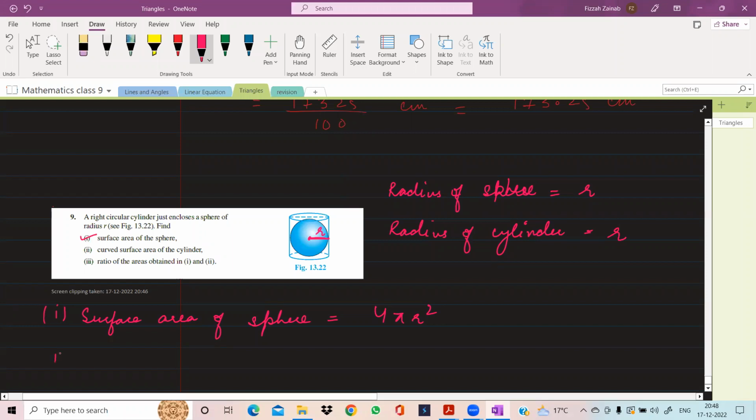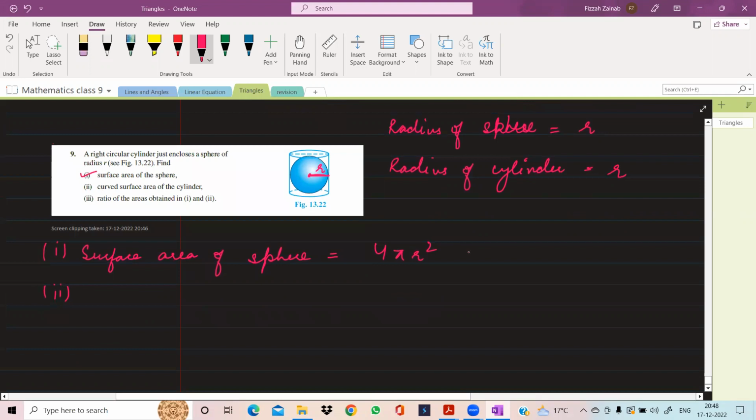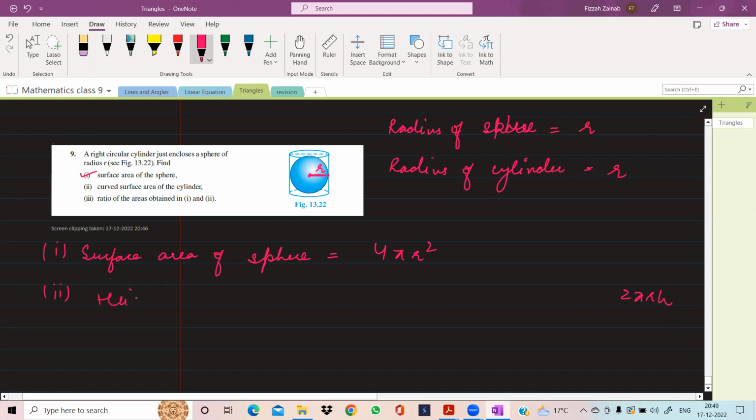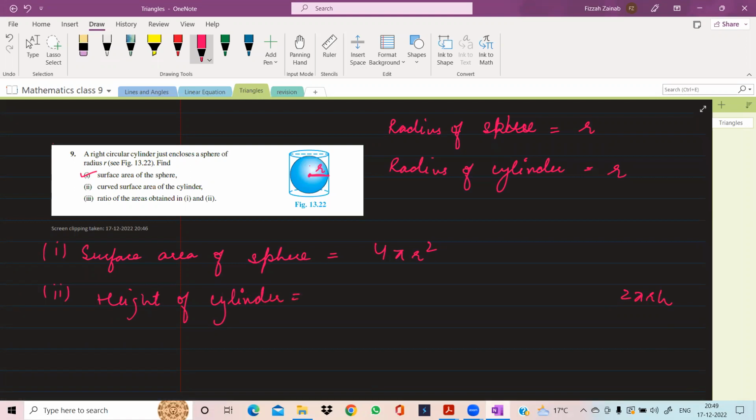Now second part, curved surface area of the cylinder. So only curved surface area. So what is the formula? 2 pi r h, that you know. Understand? But height, so radius you know, but height is 2r. Very good. So the height of cylinder, first of all, will be 2r. So this r and plus this r. Sorry, 2r, right?